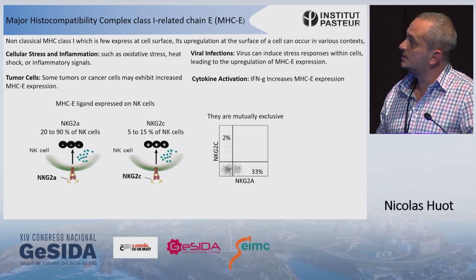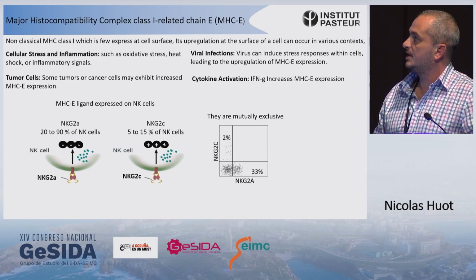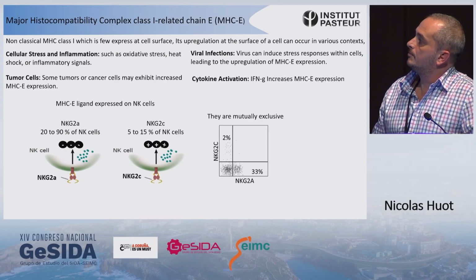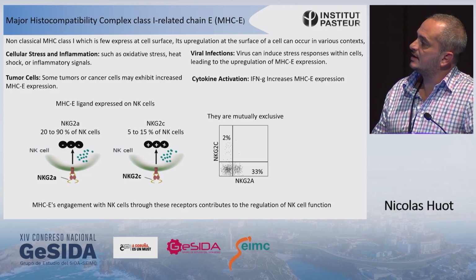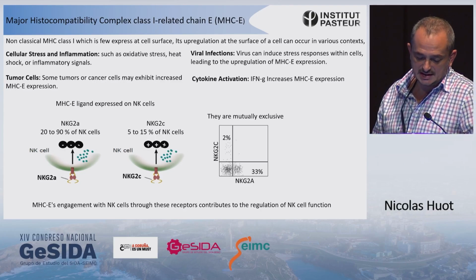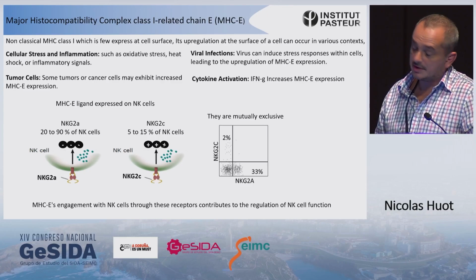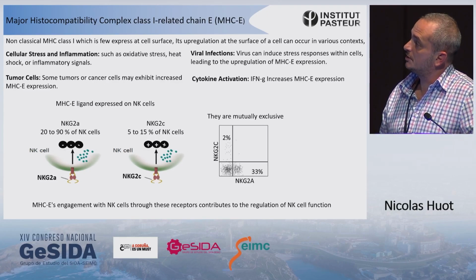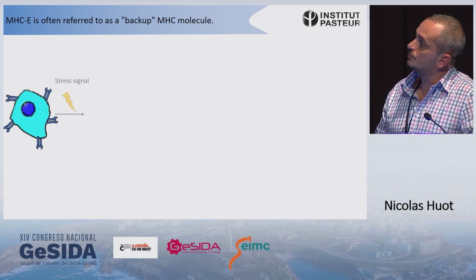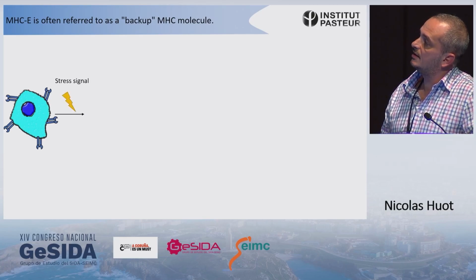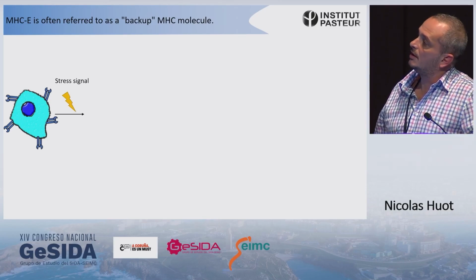Interestingly, those two markers are mutually exclusive. So we speculate that MHC engagement with NK cells through these receptors contributes to the regulation of NK cell function, especially during HIV infection.